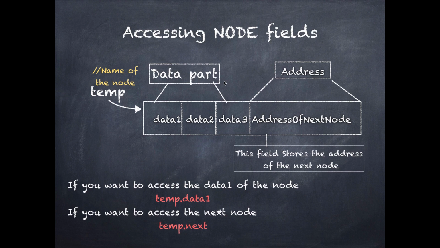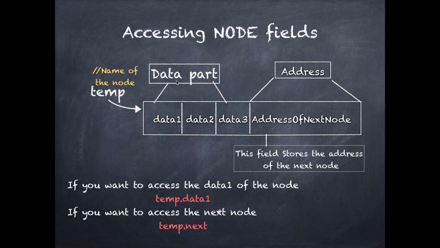Now, how will you access the node fields? In this diagram, you can see a data part and an address part. Earlier, the node representation was with two fields, the data part and address part.